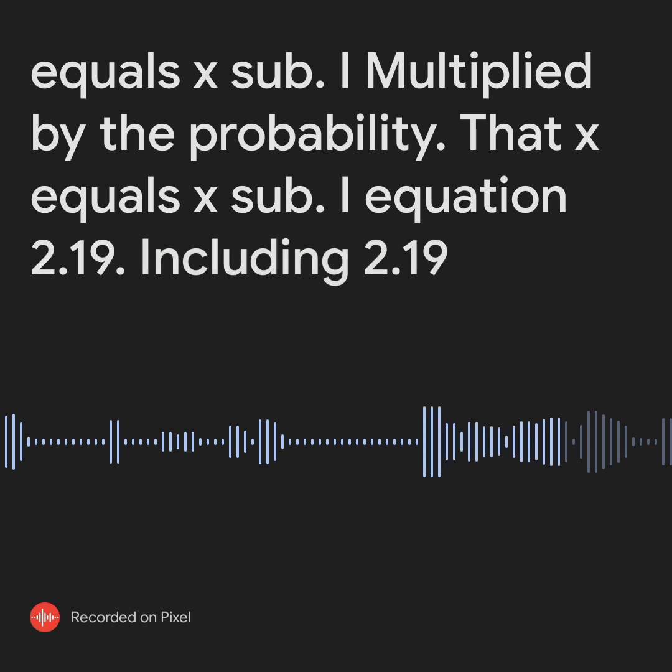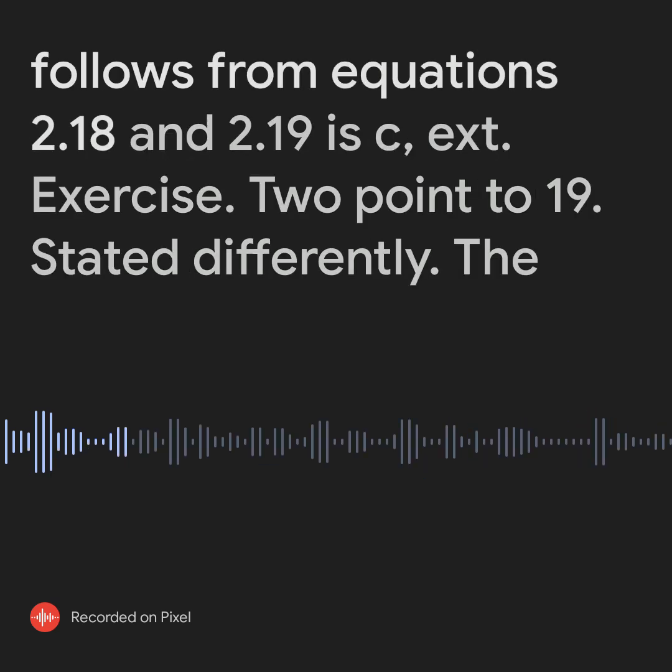Equation 2.19 follows from equations 2.18 and 2.19. See exercise 2.19.